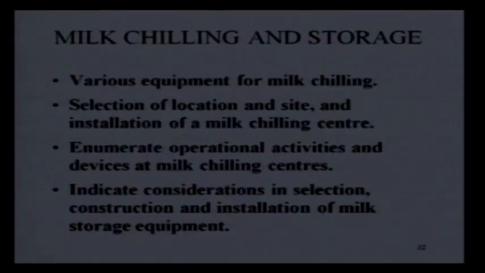Then you can also outline the effect of chilling on microbial growth, shelf life, quality and properties of the milk. Then what are the various equipment for milk collection, the selection of location and site and installation of milk chilling centers, what are the operational activities and devices for milk chilling centers, and what are the considerations in selection, construction and installation of milk storage equipment. These are the different aspects.